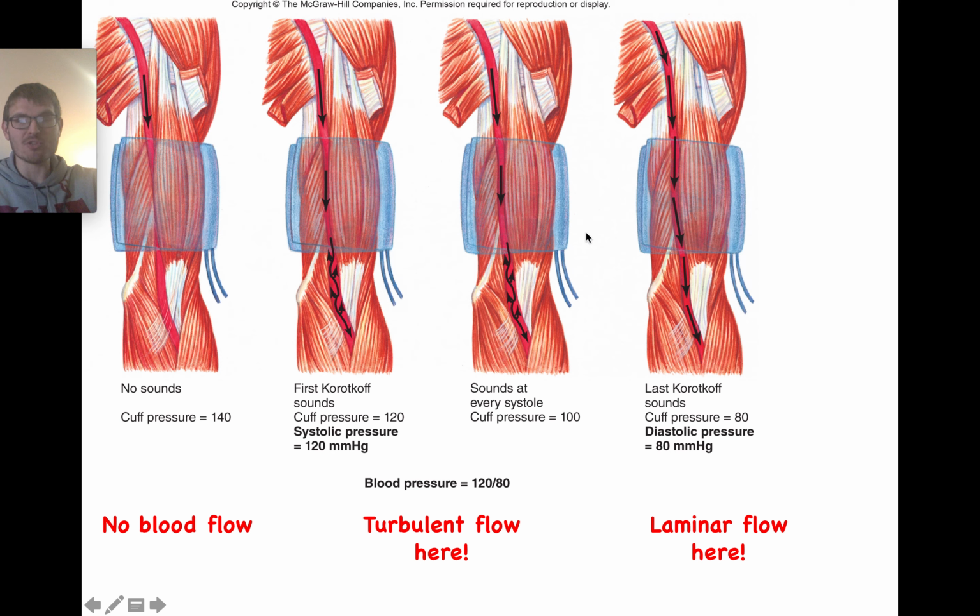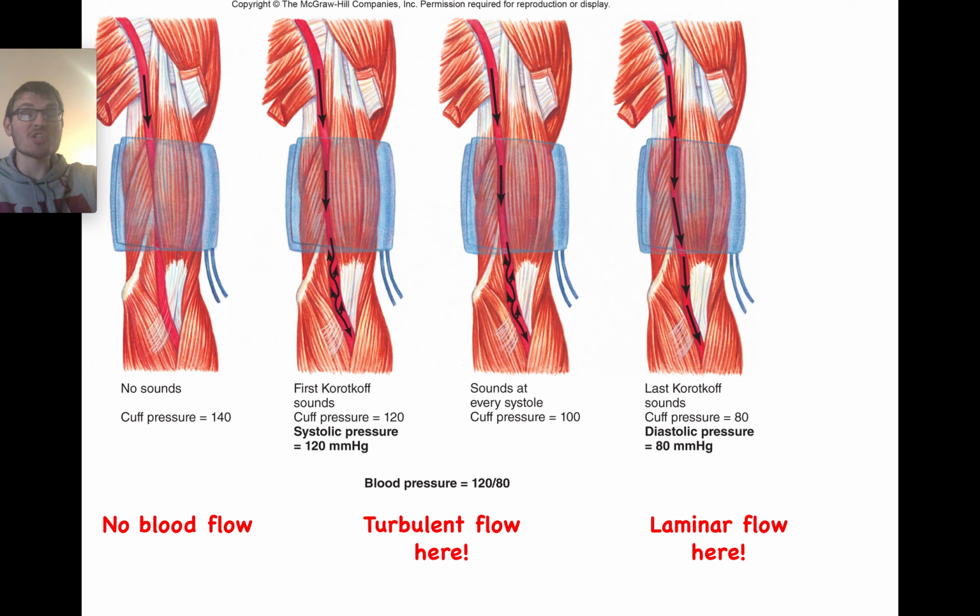Eventually, as you reduce the pressure, you are going to get to the point where the pressure in the cuff is no longer in any way sufficient to restrict the flow of blood through the artery. So eventually, you are going to restore laminar blood flow. So now that you have recorded the systolic pressure, you are listening for the exact moment those turbulent blood flow sounds disappear.